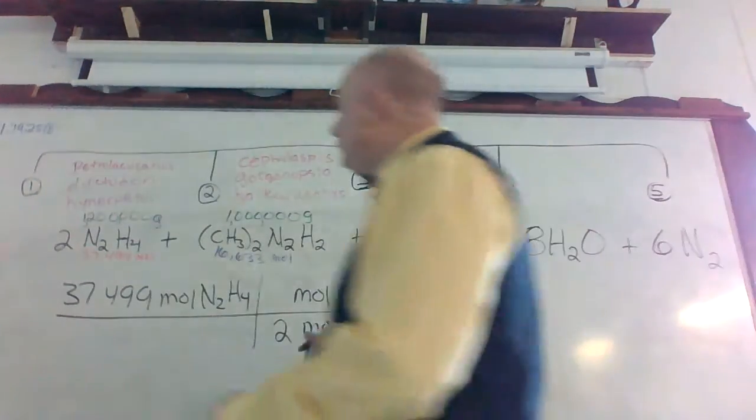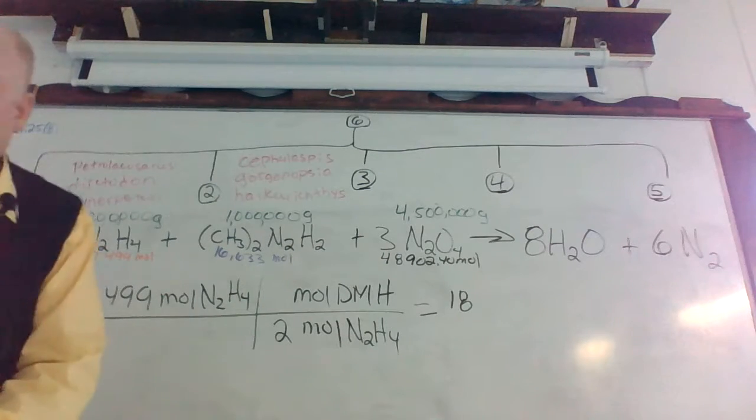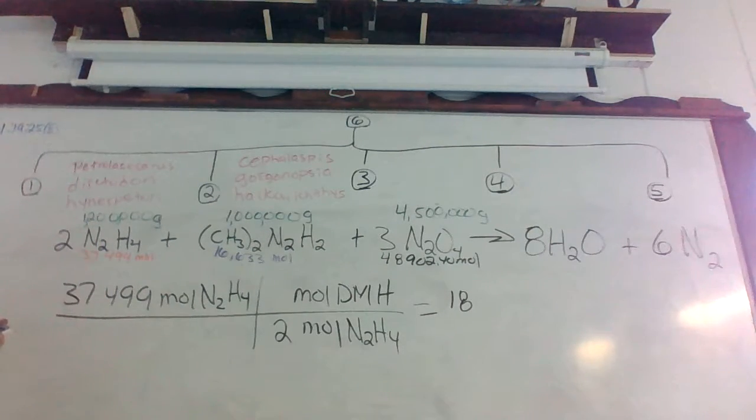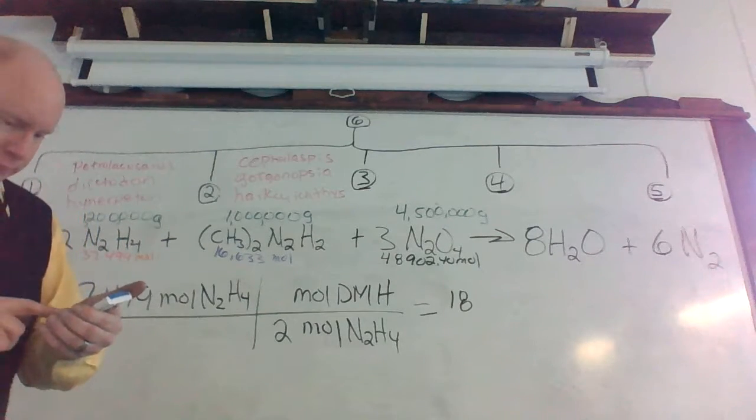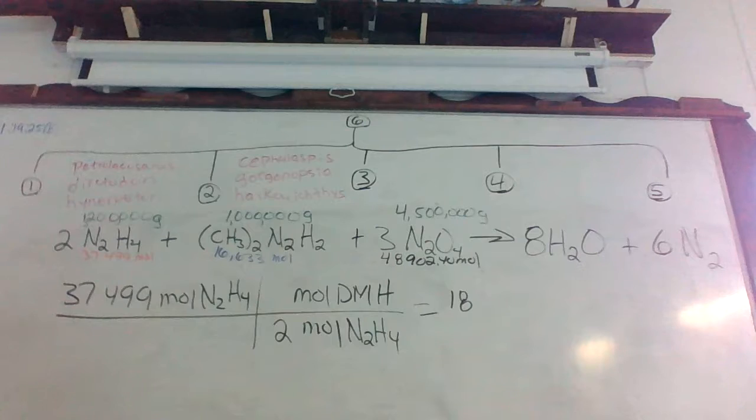Okay, so if we back up, if we take 1,200,000 grams, okay, divide that by 32. 1,200,000 divided by, what did I say, 32.06, 37,429.